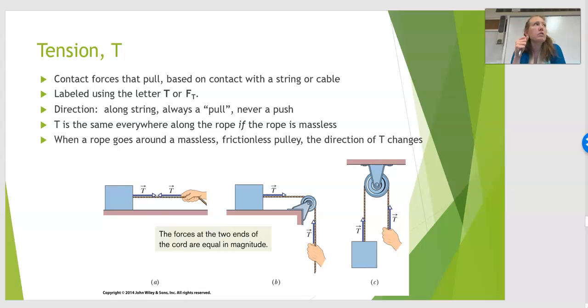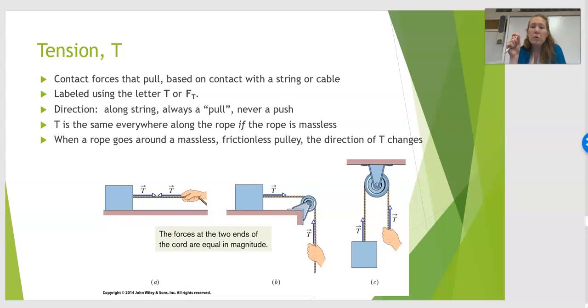And basically, it's just a means of transferring force so that you can get the force from your hand to pull on this box, right? So it's more convenient for you to pull this box, let's say, than to go push it from the other side. So its job is just to transfer the force for you.